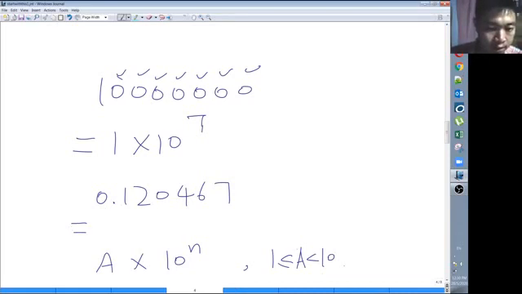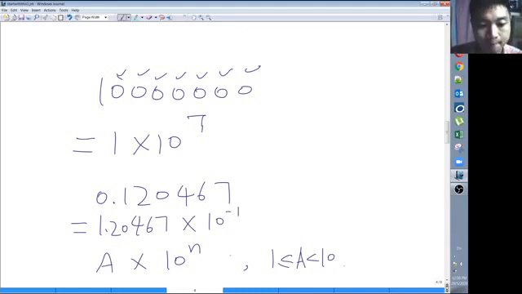So you can clearly see this can be expressed as 1.20467, and you're going to have 10 to the power minus 1, because your decimal point is here. In order to get this, you have moved your decimal point to the right by 1 place. So therefore your n is -1.